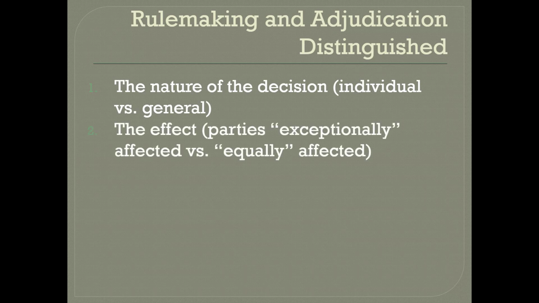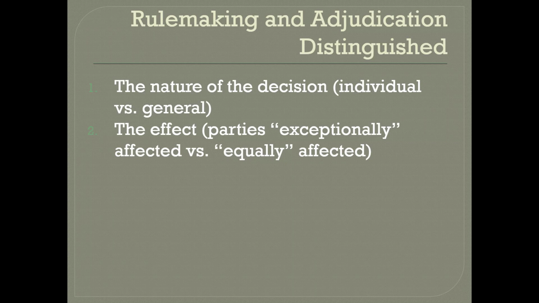In addition, and this is related to the first criteria, the effect of the decision is important. And again, some parties are exceptionally affected when it comes to adjudication, meaning they carry a heavier burden. And when it's rulemaking, individuals and companies are equally affected, so the burdens are spread across the board.